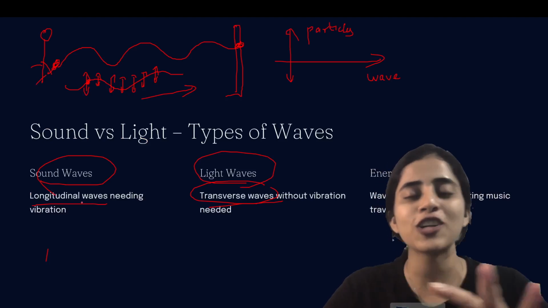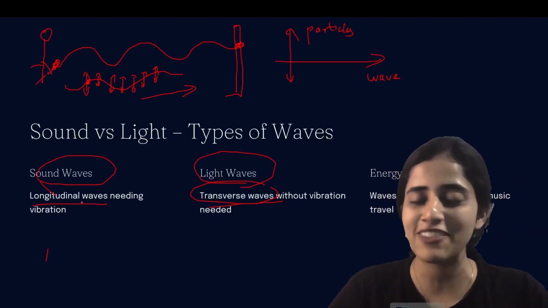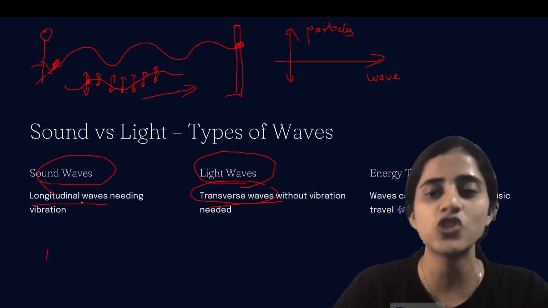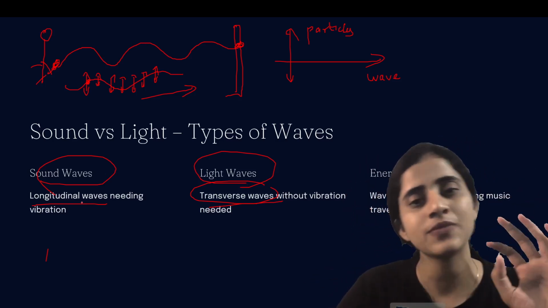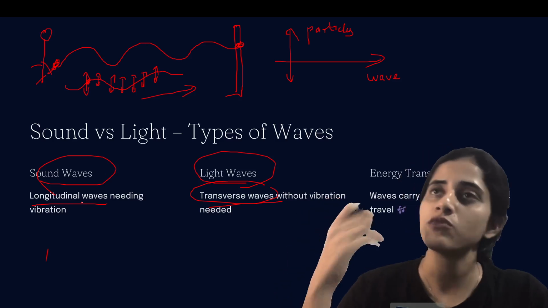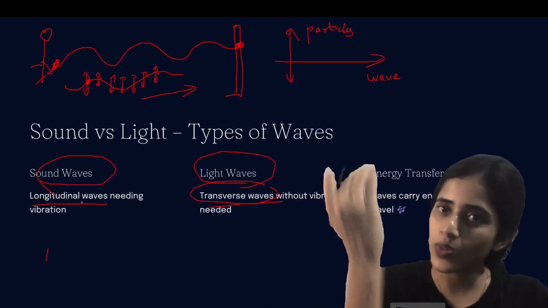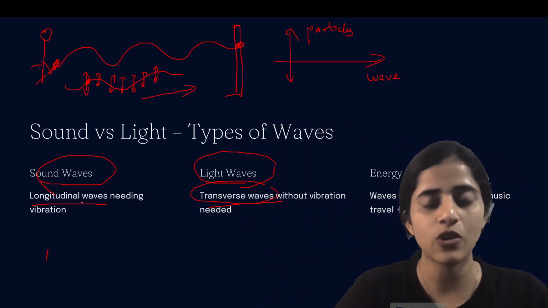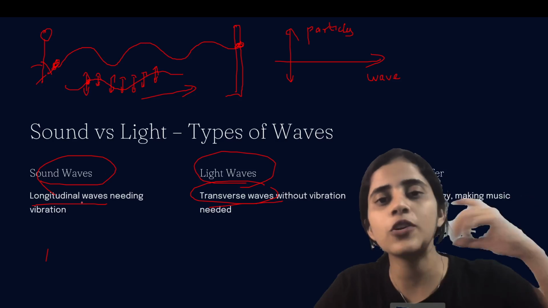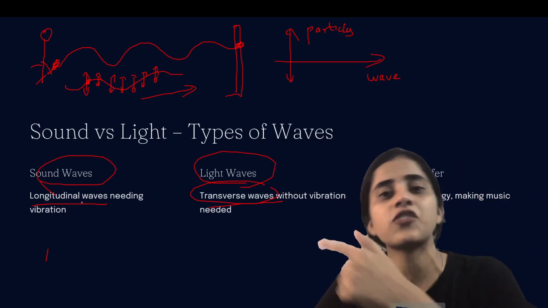Now, before talking about all this, I should have told you what a wave is. So, what is a wave? A wave is something that can transfer energy from one point to another. Like sunlight. Sunlight gives you energy from the sun to the earth with the help of light waves. Now, sound waves from a speaker: you're able to hear sound because of the sound waves traveling.